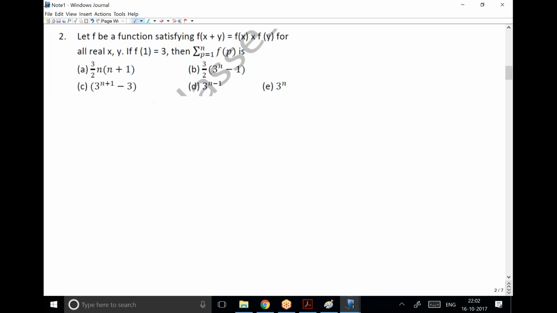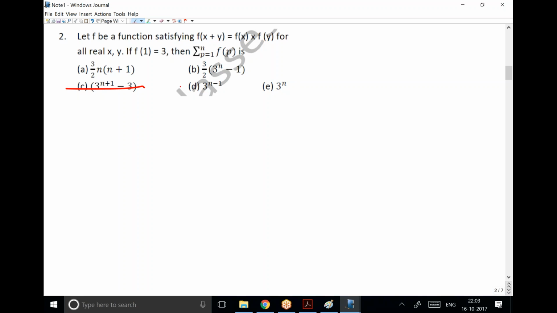But if I say p is equal to 1 as well as n is also equal to 1, that means only one term is there. At least through this we can remove some answer options, right? So if they're asking for f1, in the place of p, if I put 1 here, that means they're looking for f1 here only. And if they're looking for f1, we can remove some answer options immediately.